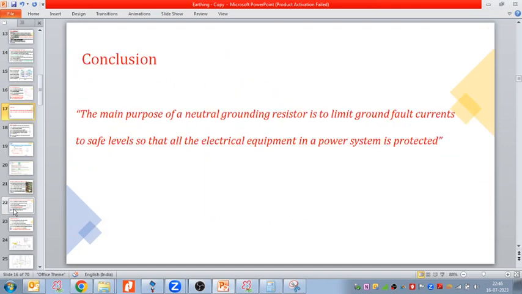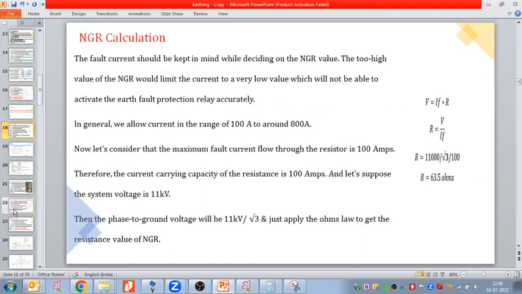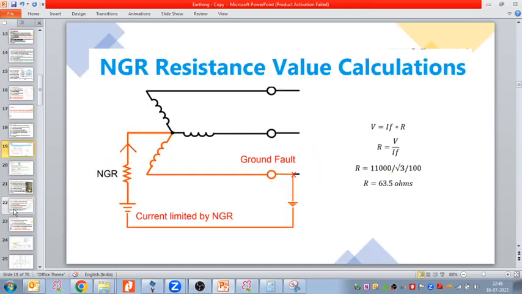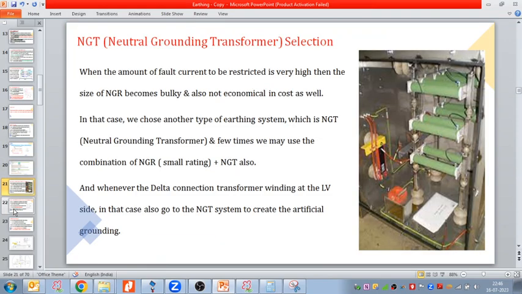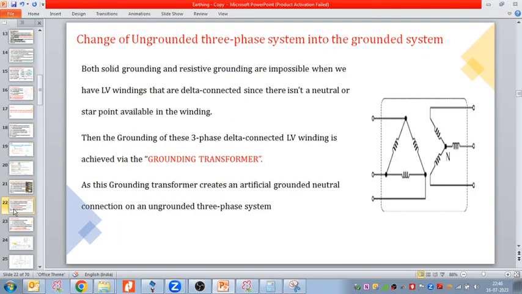Then we took the NGR sizing calculations, and discussed that if the fault current is very high and too much current has to be reduced, the NGR would be bulky and not economical, so we do not go with the NGR. We take the alternative earthing, which is the NGT, or sometimes an NGT with a small NGR.